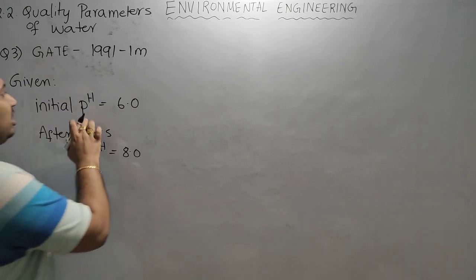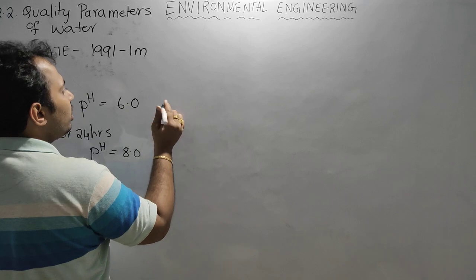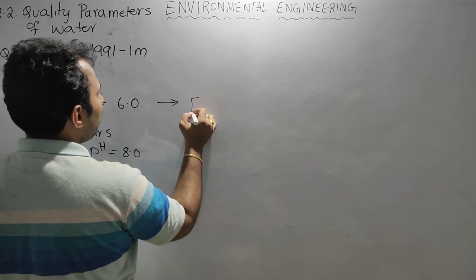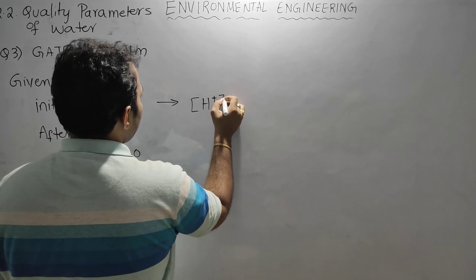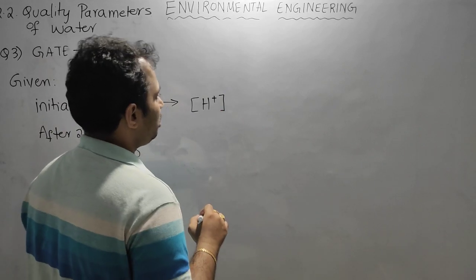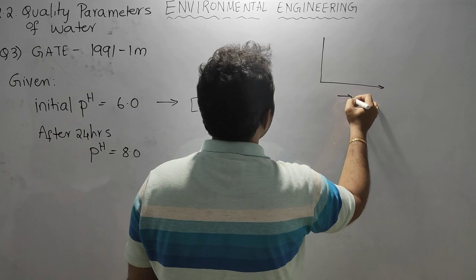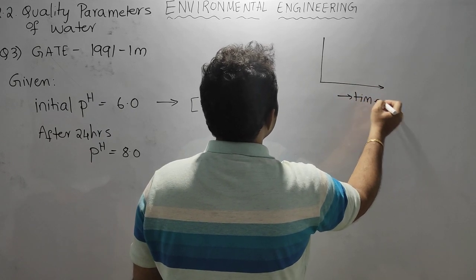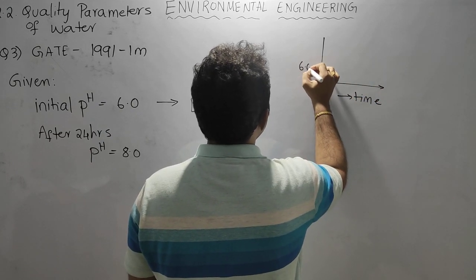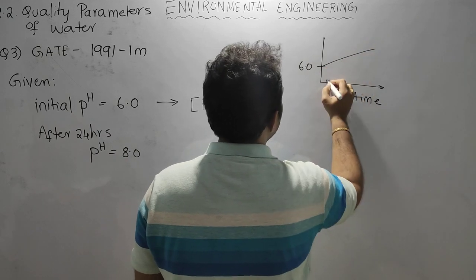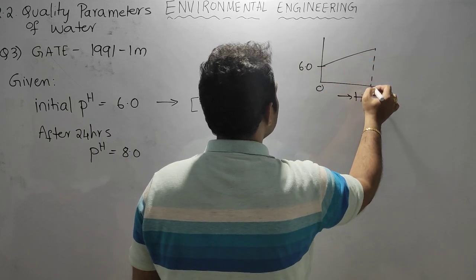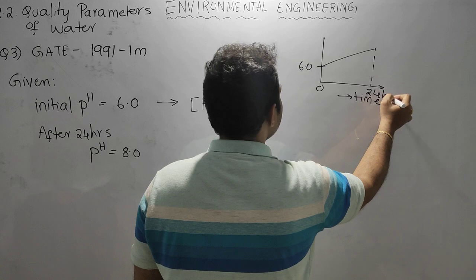Taking time on one axis, the initial pH is 6.0 and the final is 8.0 at 24 hours.